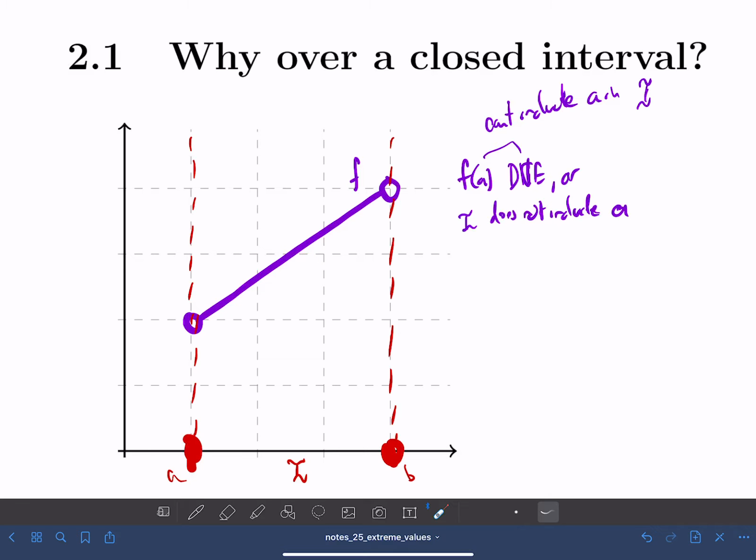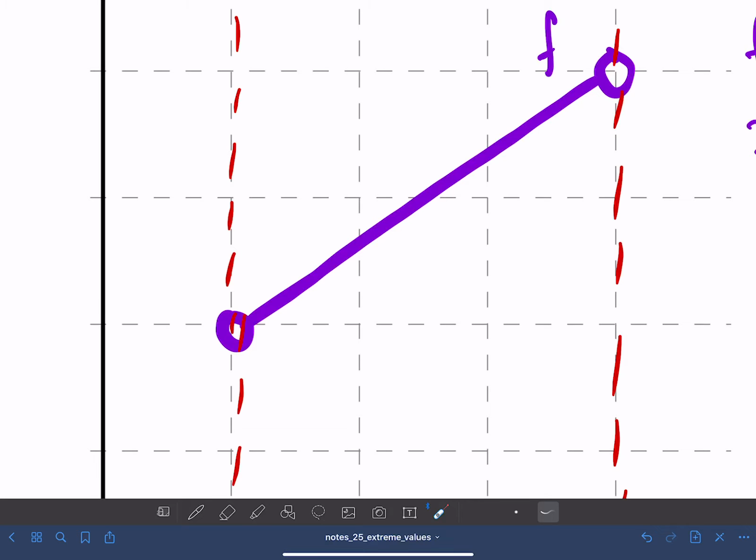Well, they're both forbidden because at the left endpoint down here, we can zoom in on it, but the function doesn't actually take on this value. So if we think about a sequence of points marching toward the left here, we're getting closer and closer, but we never make it.